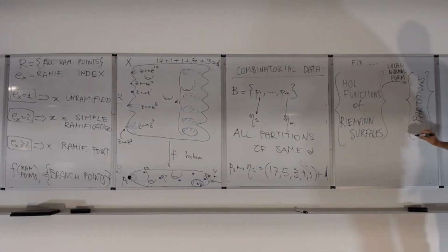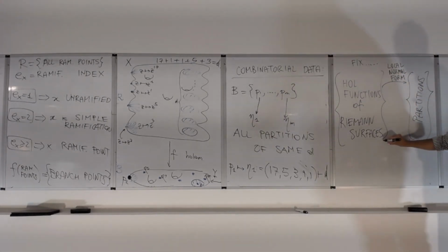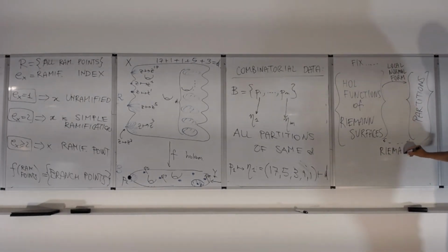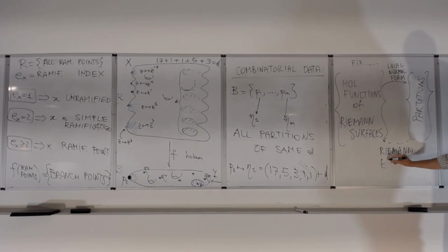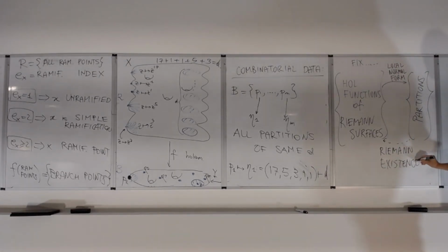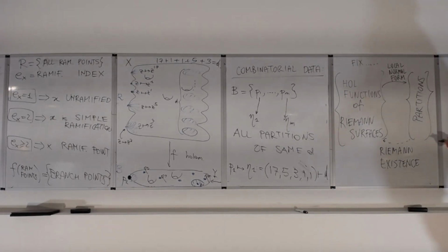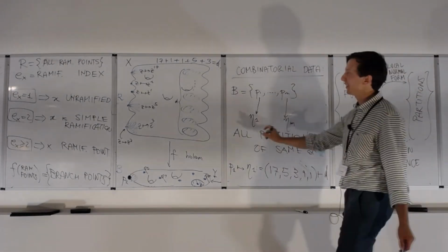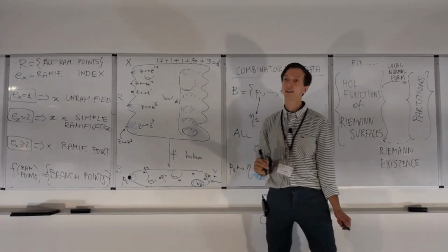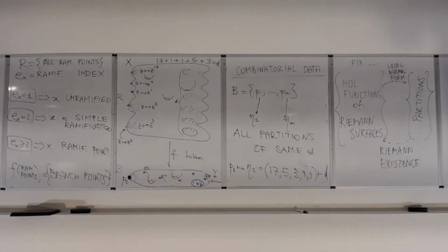But there is a theorem that goes in the opposite direction. This Riemann existence theorem tells you that somehow the way these ramifications are arranged defines F. And so now you're very happy, right?